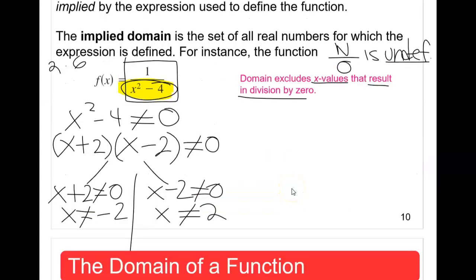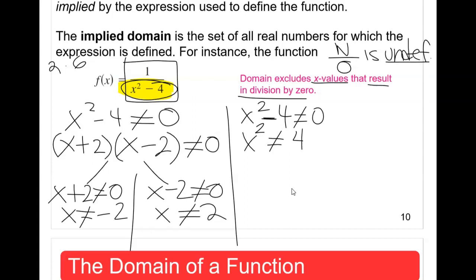Another way to solve this is the same thing. We take the denominator, and create the inequality that says it cannot equal 0. So we could think of taking that -4 across the does not equal sign, and it will go from subtracting to adding because of inverse operations. Now at this point you can take the square root on both sides, and the square root of x squared will be x, and the square root of 4 could be +2 but also -2, meaning that x cannot equal +2 and x cannot equal -2.